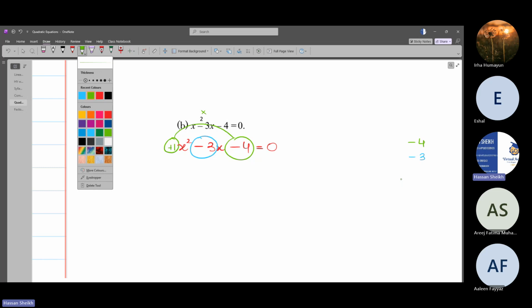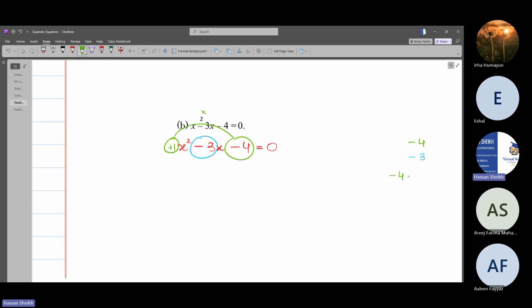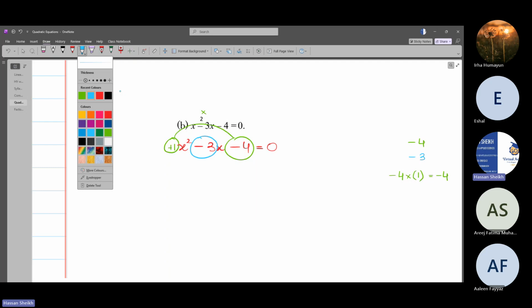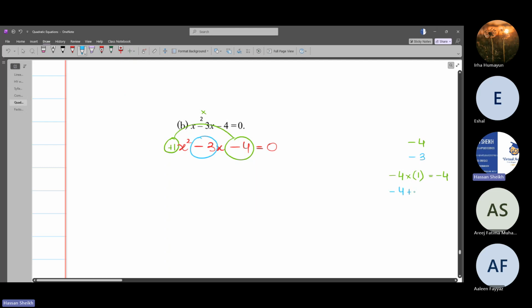Which 1 and which 4? You must come up with the sign. Minus 4 multiplied with plus 1 generates minus 4. And then minus 4 when added with plus 1 gives minus 3.